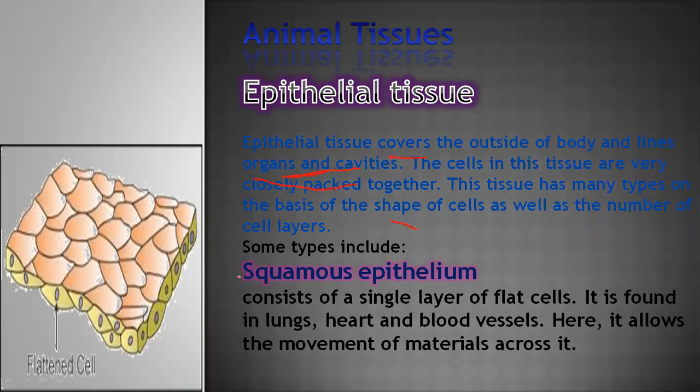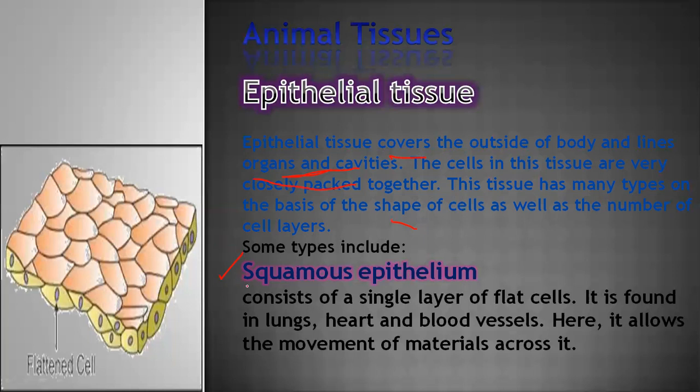They have many types on the basis of their number of layers and the shapes of the cells. Right now we will talk about almost 5 kinds of epithelial tissues. Number one is squamous epithelium. The word squamous comes from the word squama, which means flat scales, like the scales present on fishes.